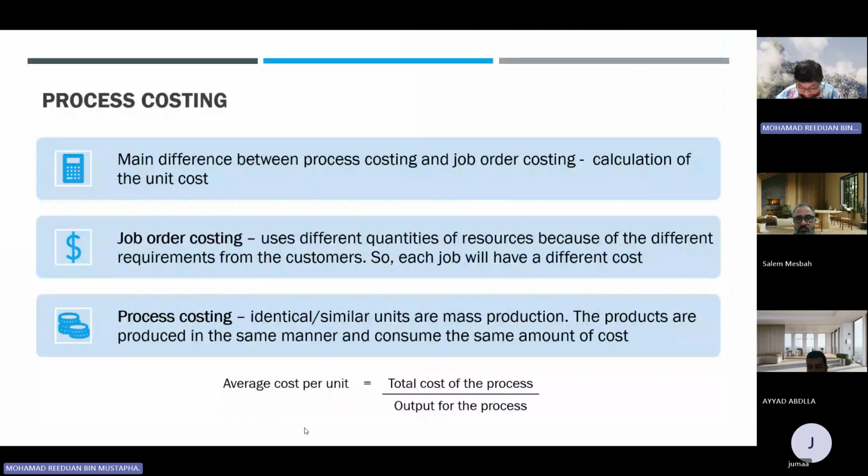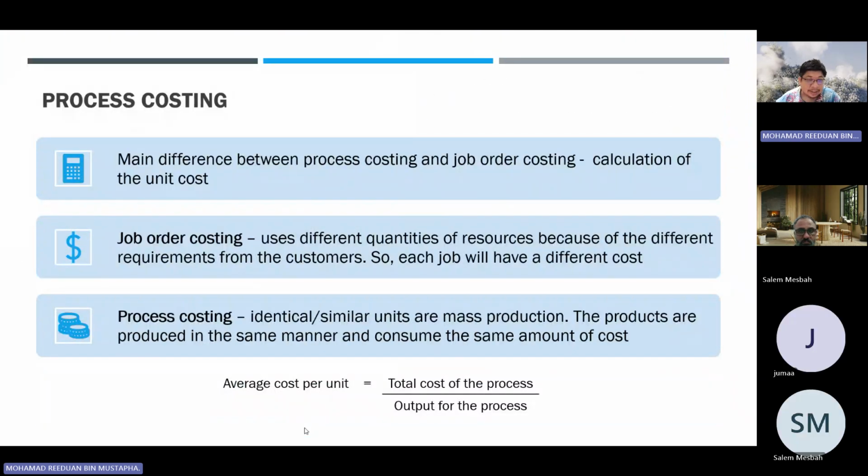The main differences are between process costing and job costing, and the calculation of the unit cost could be done in a different way. Job costing uses different quantities of resources because of different requirements from customers, so each job will have a different cost.